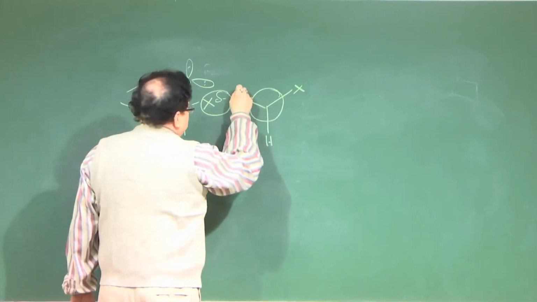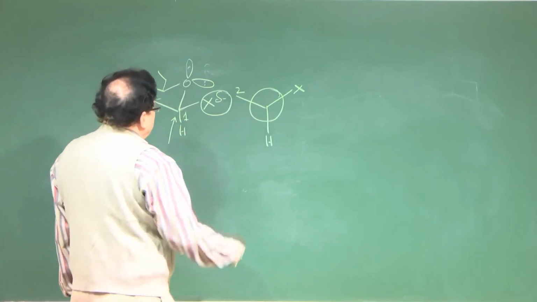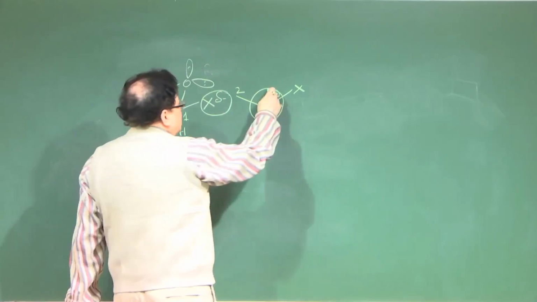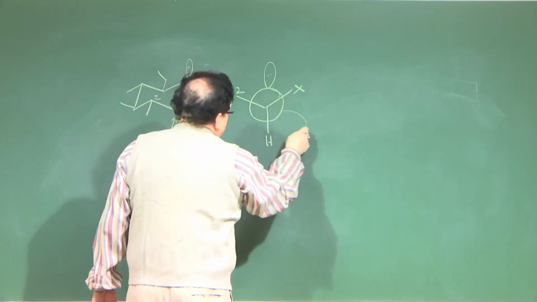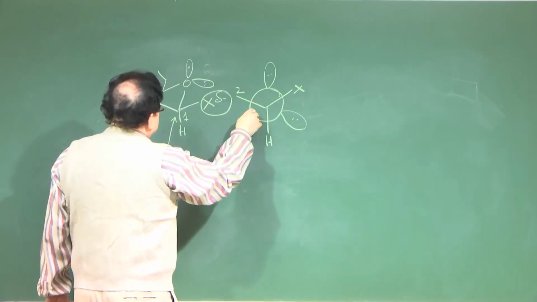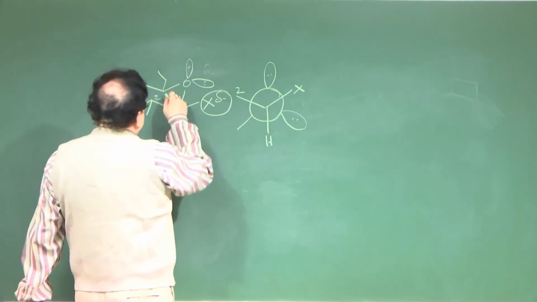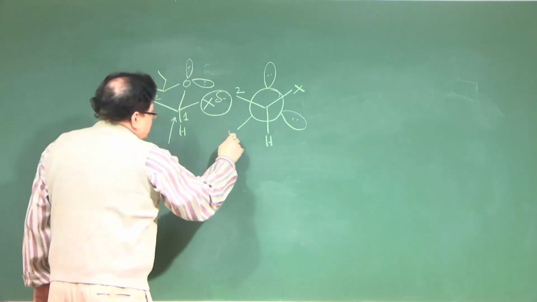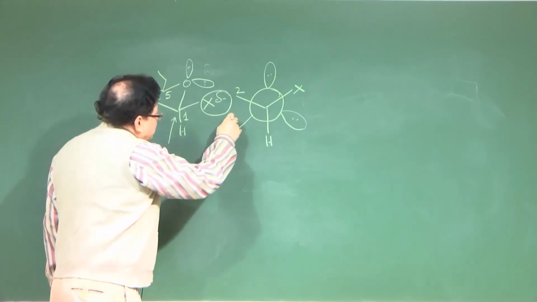Then behind is the oxygen and the oxygen lone pairs; the axial lone pair is like this, and the equatorial lone pair is like this. Okay. So, this is the situation, and this is the other. This is basically the 5th carbon, not 6: 1, 2, 3, 4, 5. So, this is carbon number 5. That is the Newman projection of this.